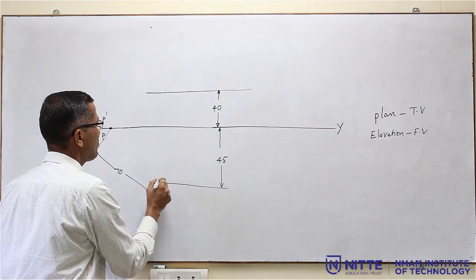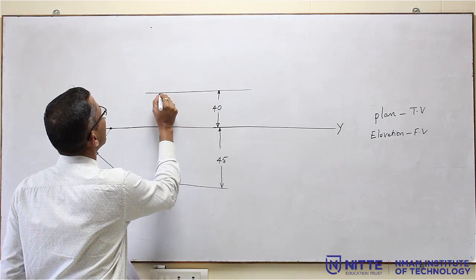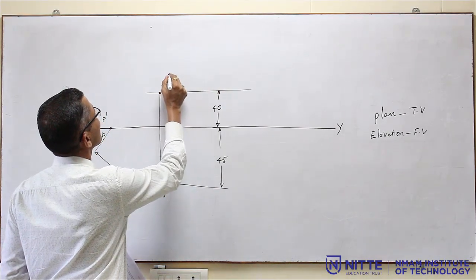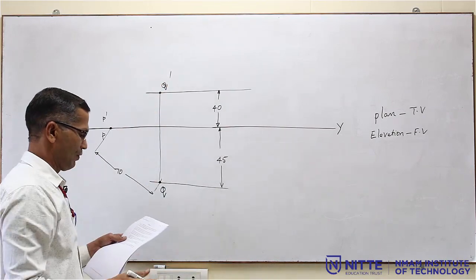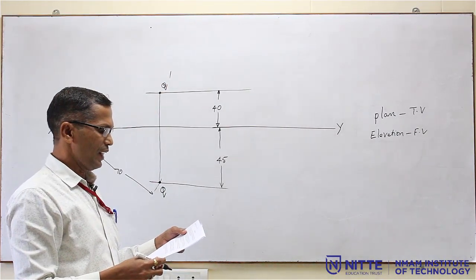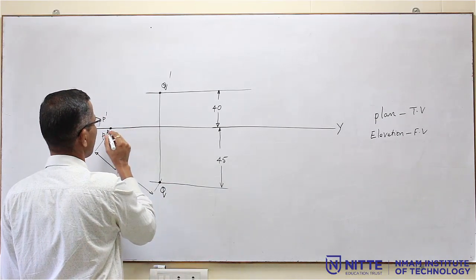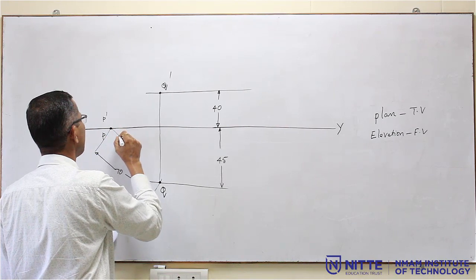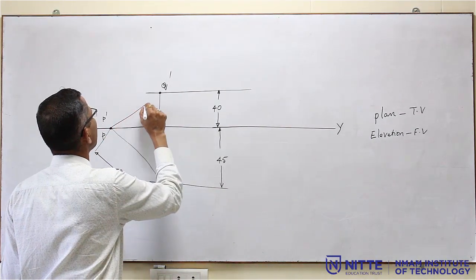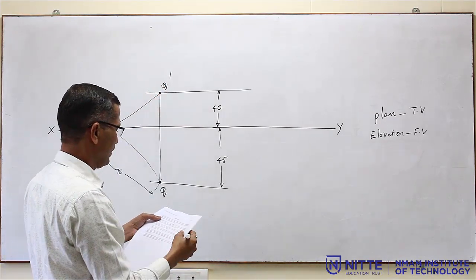Then project this up vertically, and where it intersects with this line, this is called Q dash, the front view. Then they asked to measure the line joining their elevations. So, you have to join it by a light line. Here also we have to join it by a light line, and measure this distance and give the answer.